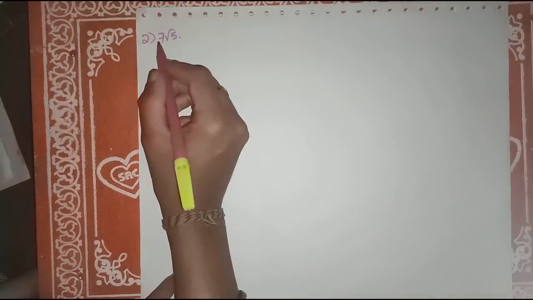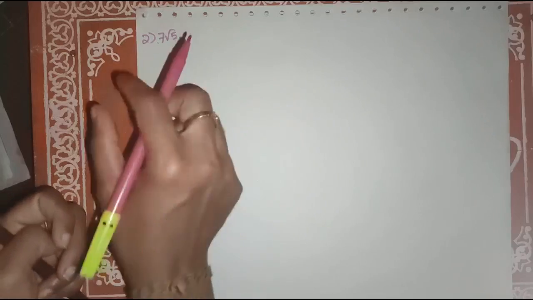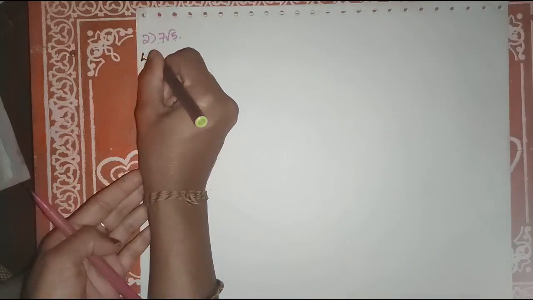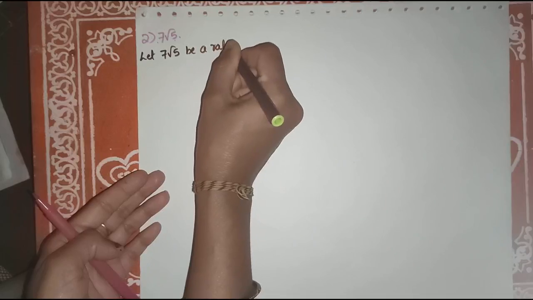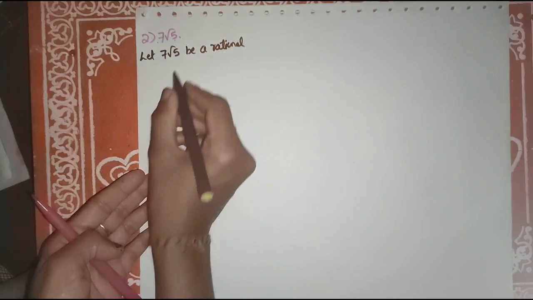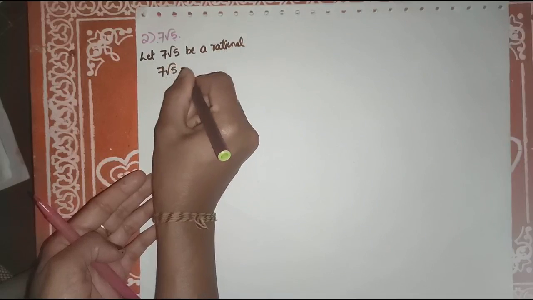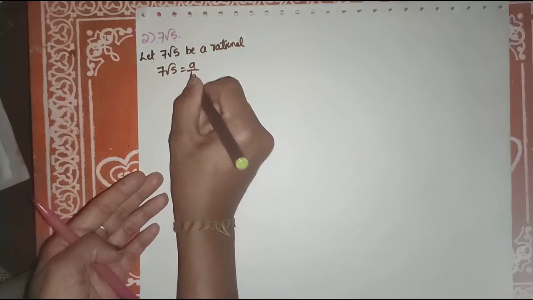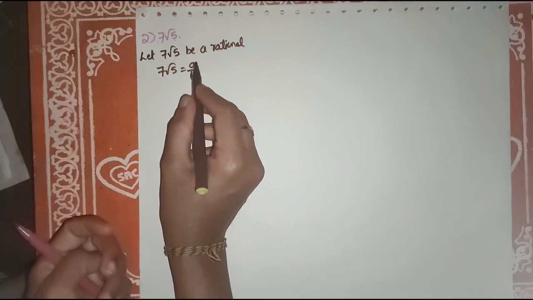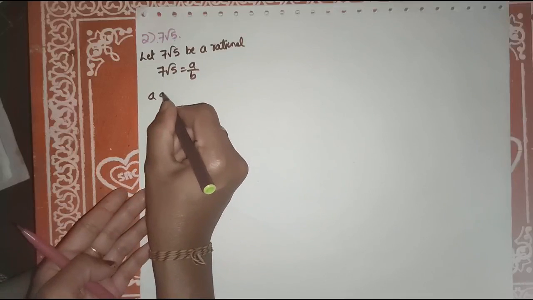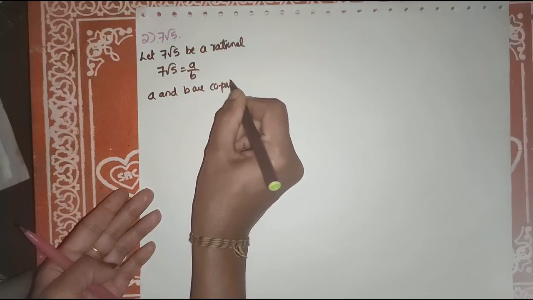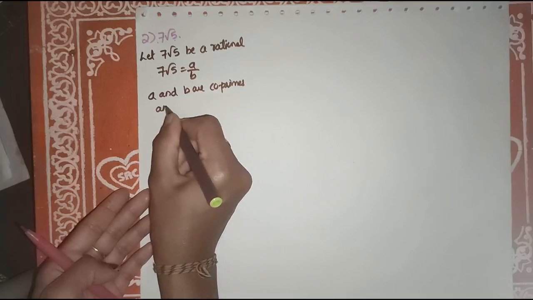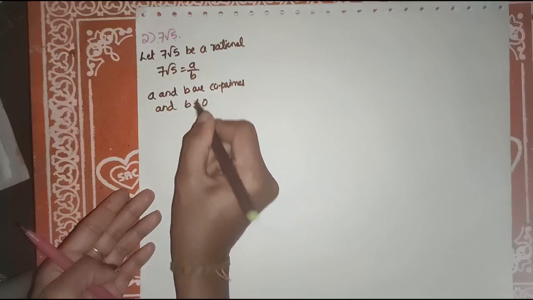The second one is 7 root 5. We need to prove this is irrational. Same thing here. Let 7 root 5 be rational. Then it can be written as 7 root 5 is equal to a by b, where a and b are co-primes and b is not equal to 0.